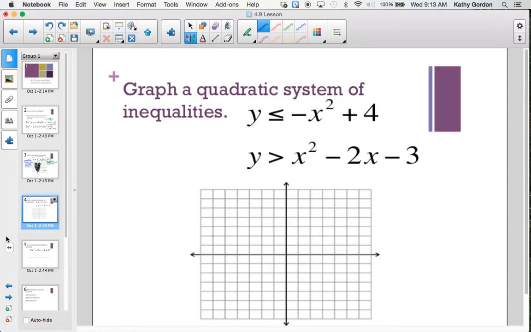So just a couple of minutes, figure out just your one inequality, and then we'll put them both up here and figure out how to graph it as a system. Compare with the people around you and make sure you all agree on yours.